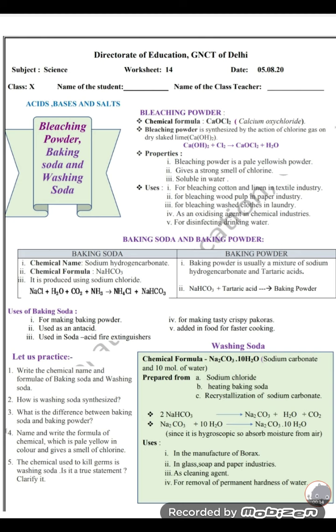Students, in continuation of your last worksheet, worksheet 13, we studied the compounds which are made from NaCl, like NaOH, baking soda, bleaching powder and washing soda. In our last worksheet, we studied the formation of sodium hydroxide from NaCl.